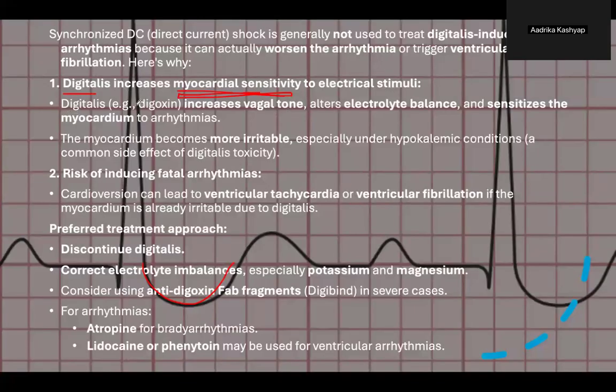I also want to touch upon what a NAC scenario would look like in this case, if possible, and then we can take questions if you guys have any. Digitalis increases the vagal tone. It alters electrolyte balance and sensitizes the myocardium to arrhythmias. So what you might see in a NAC scenario is that a patient comes in with tachycardia, and he might not even tell you anything.